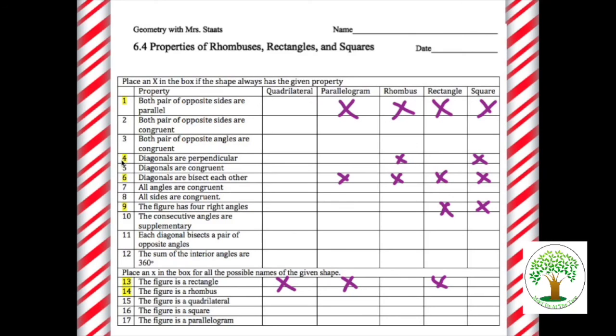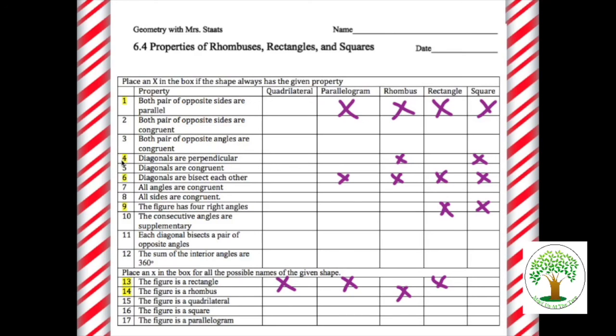This time we're not going down the chart on your note sheet, we're coming up. So if it was a rectangle, we follow the arrows back up. Now we're going to do a rhombus. If it's a rhombus, it can obviously be called a rhombus. Can it be called a rectangle? No. Can it be called a square? Not always, sometimes, but not always, so we wouldn't put it on.